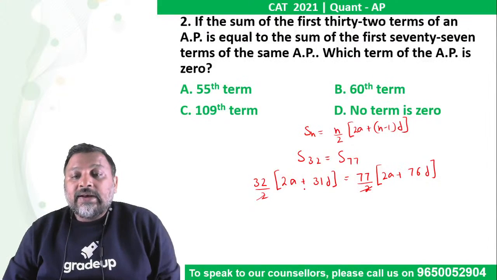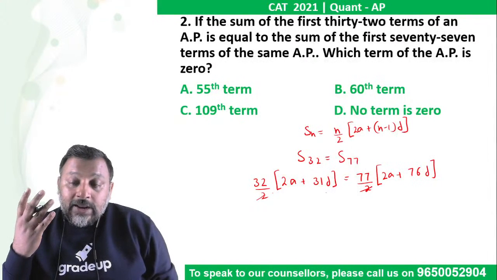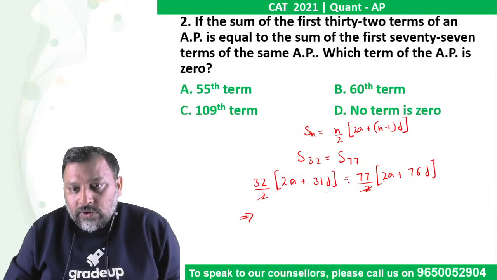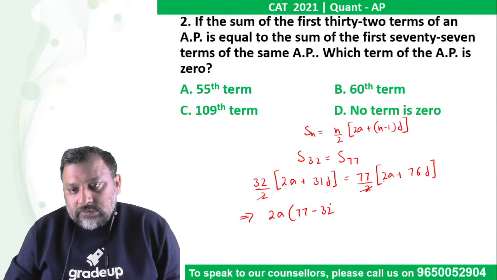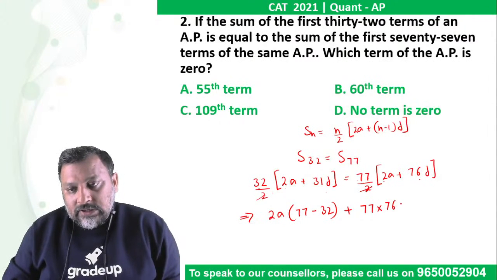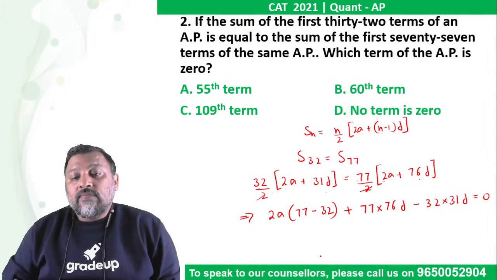Okay, so if I bring the whole expression written on the left hand side to the right hand side, this is 2a and here also we have 2a, so I'll get 2a times 77 minus 32, plus 77 into 76d minus 32 into 31d.